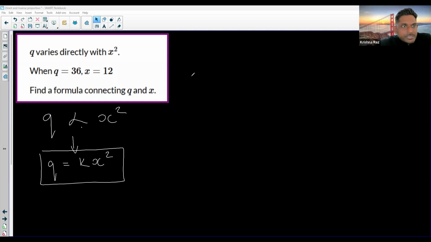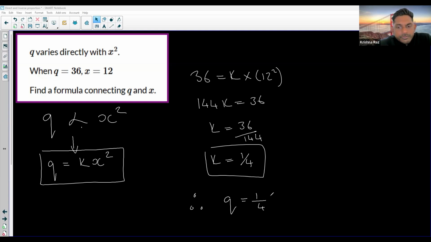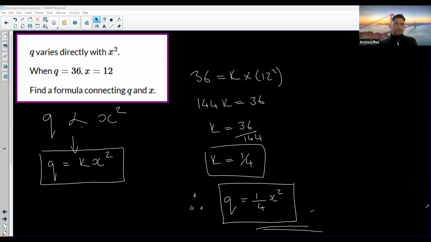So we know that 36 equals K times 12 squared. So 144K equals 36. And again, K is going to be a quarter. So therefore, Q equals a quarter of X squared. Boom. So whenever the question says directly proportional or varies directly with, we know it's going to be of this form.